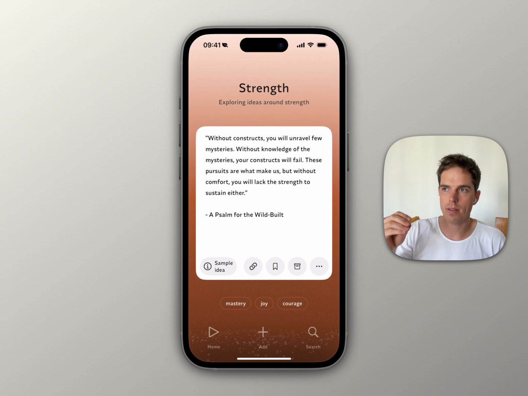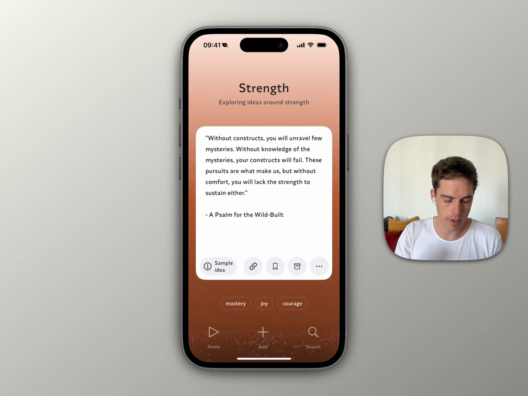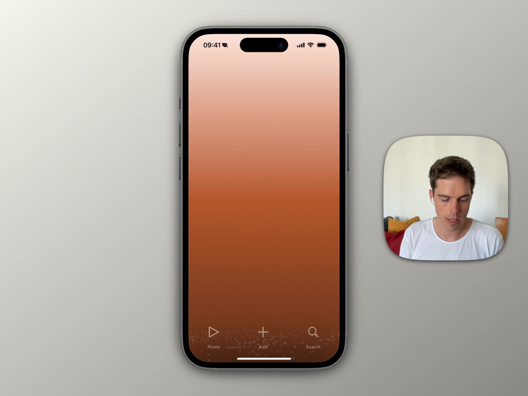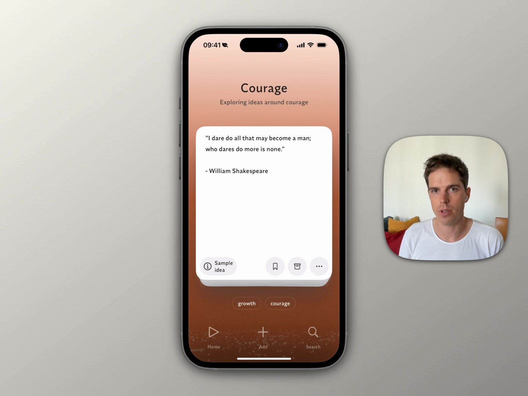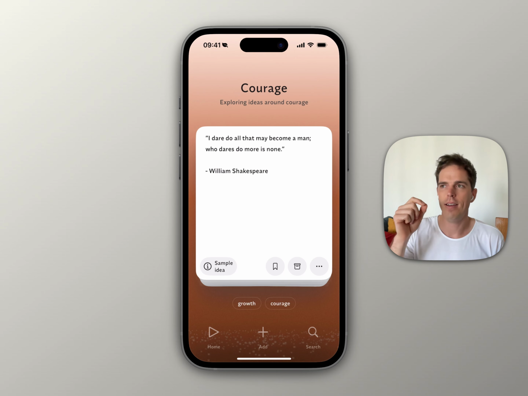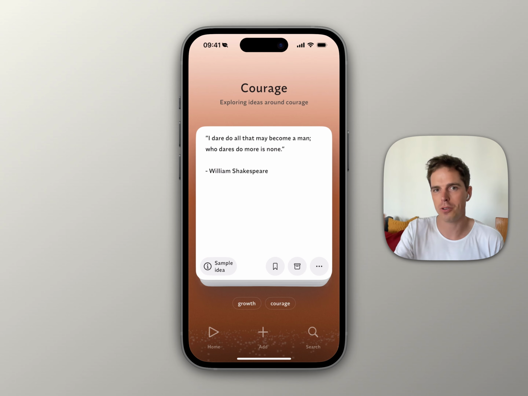That means this card, on other dimensions combined, is close to, for example, courage. So I can tap courage and then see cards related to courage. That way I can jump from space to space to space, in other words, from topic to topic to topic.